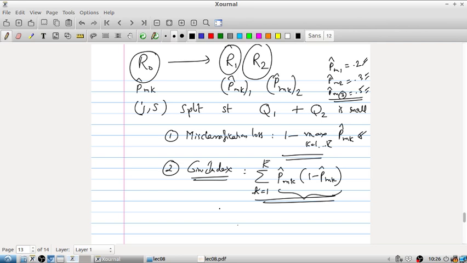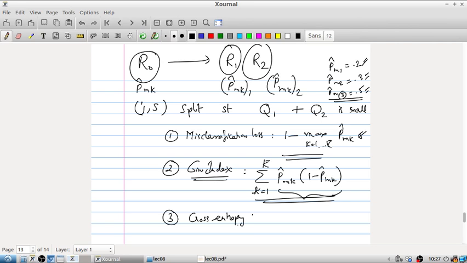Okay, and I guess there was one more function. There's another thing which you've already seen, which is called cross entropy, also called deviance.